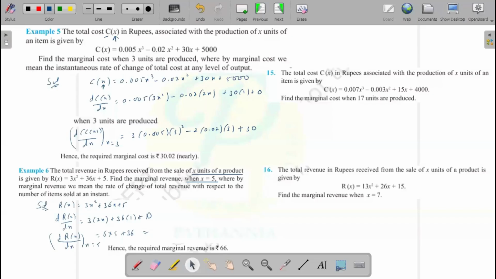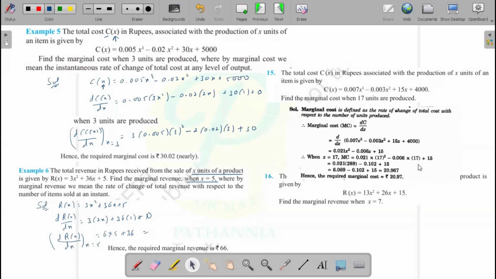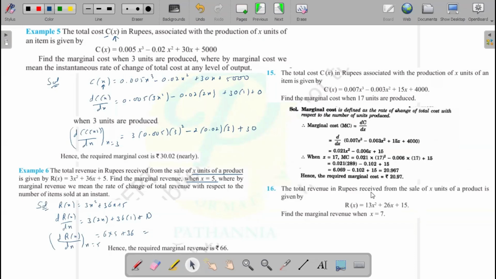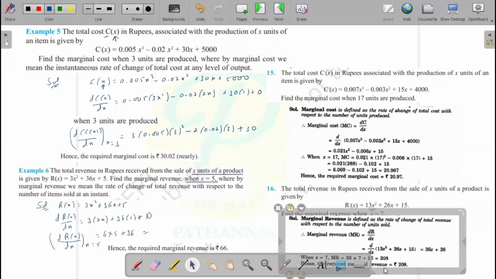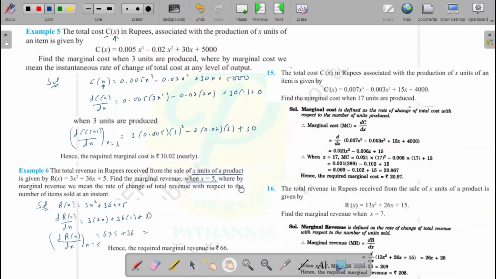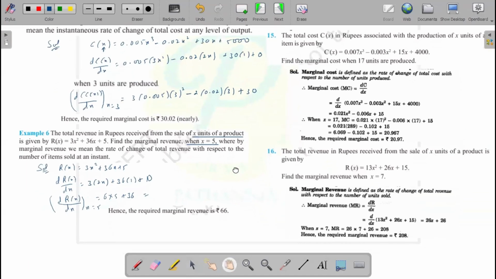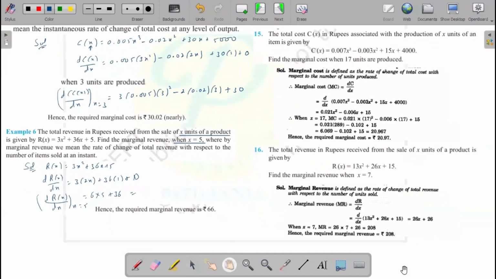The answer for the first one after differentiation is 20.97, अगर आप निकाल पाए, स्क्रीन पे देख सकते हैं. एंड द सेकेंड वन जिसका आंसर बताया गया था 208. So therefore the answer for the second one is 208. यहाँ कंप्लीट.